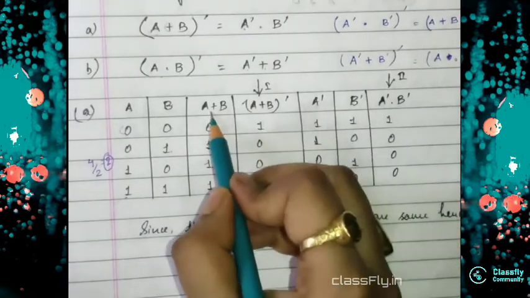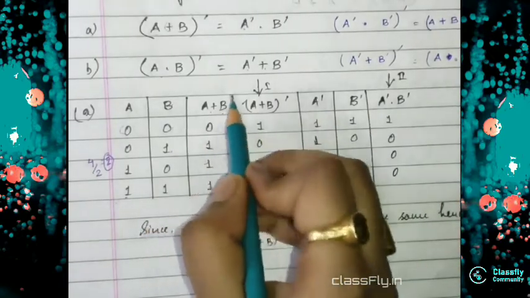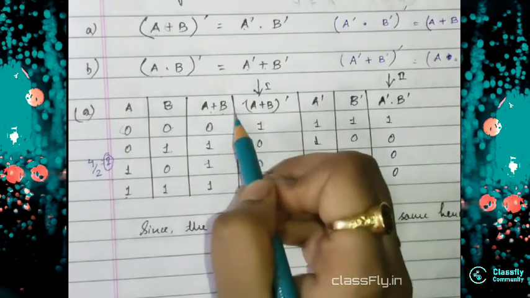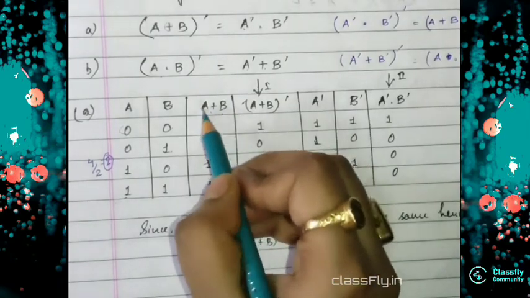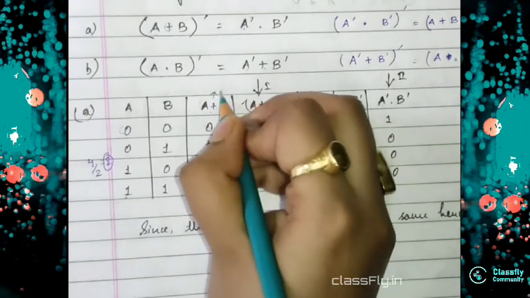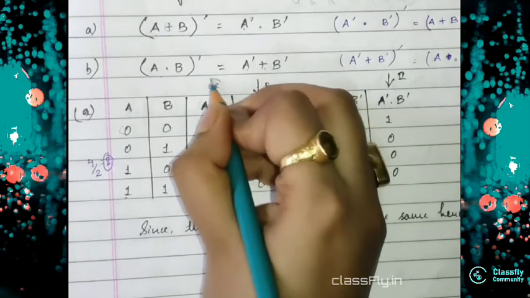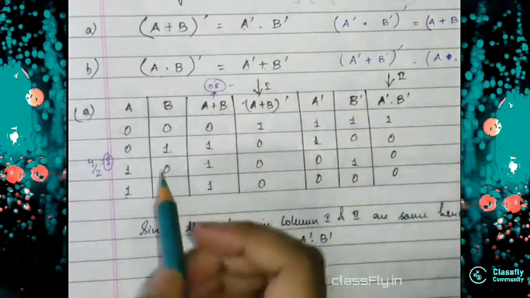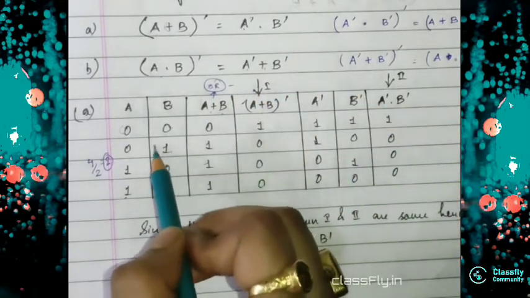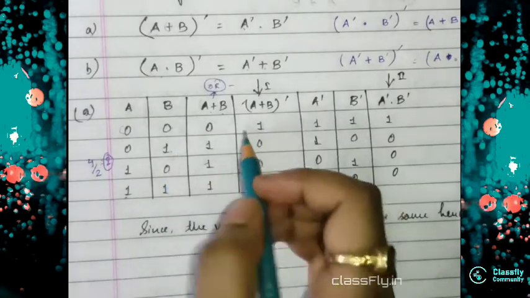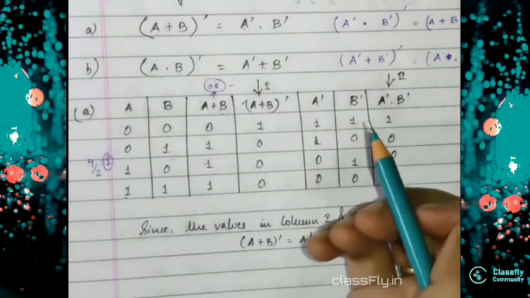Now for a plus b, we know that addition means OR. If any of the digits is 1, we get 1, right?